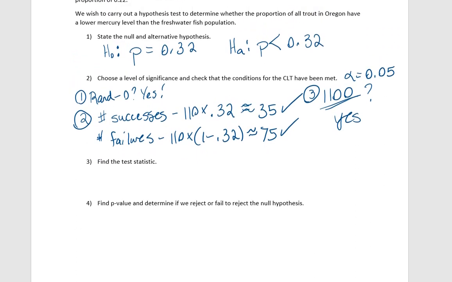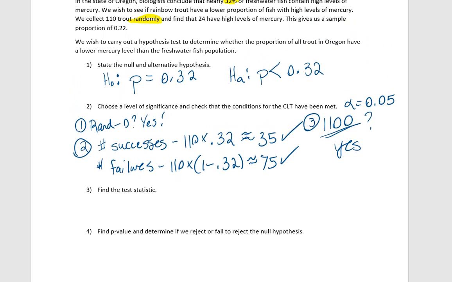The next thing is that we want to find the test statistic. So first we need to find the standard error, which would be the square root of 0.32 times 1 minus 0.32 divided by 110. Which would roughly give us 0.0445.